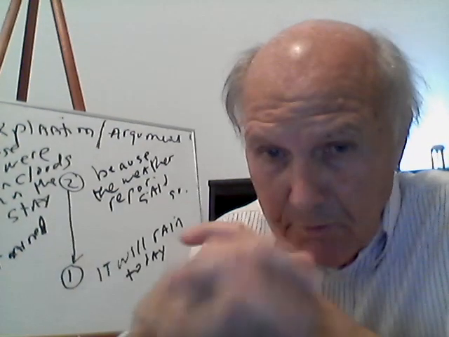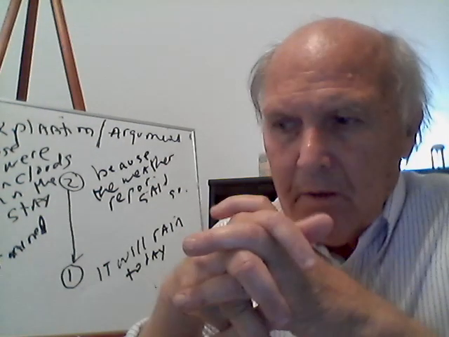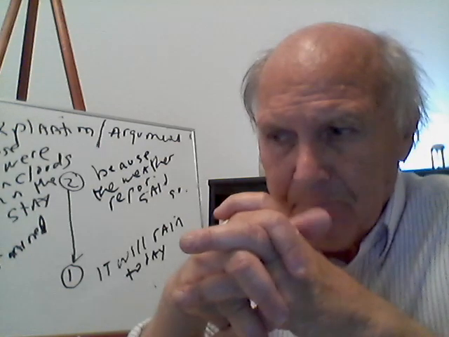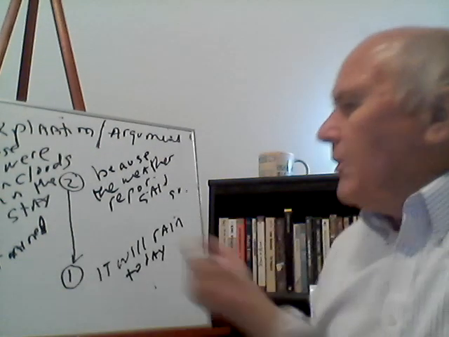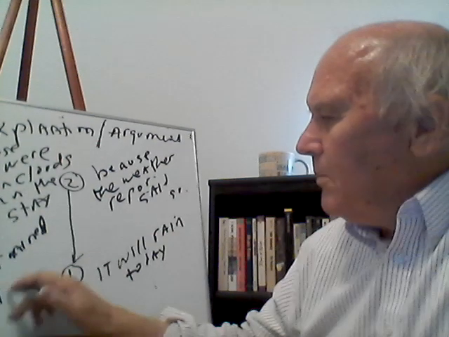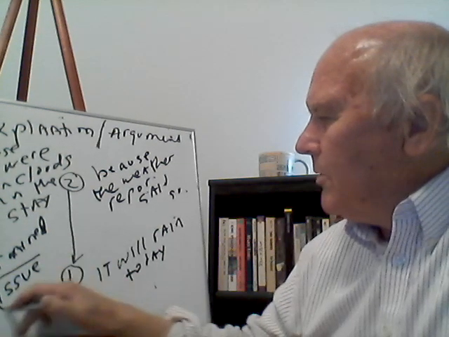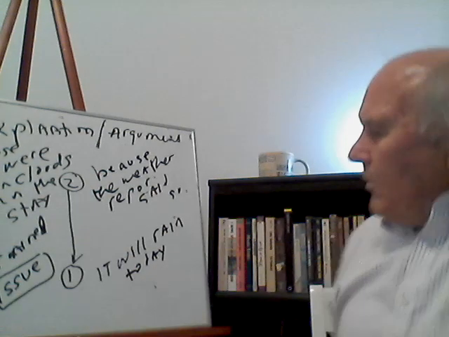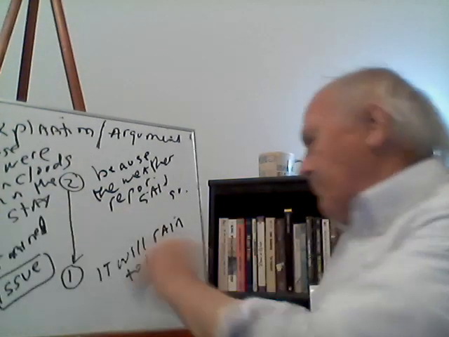You'll read about this in Chapter 1 of Critical Thinking, the book Critical Thinking. And then also I should show one more thing. Every argument has an issue. For every argument, there's an issue involved. So let me tell you how to determine what the issue is. This is an argument here. This is not, so I'll forget this.